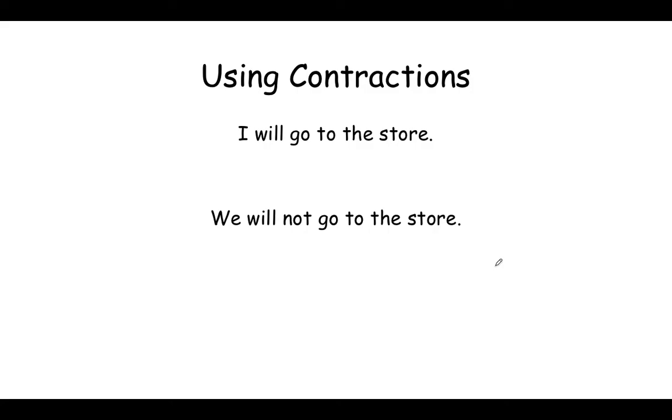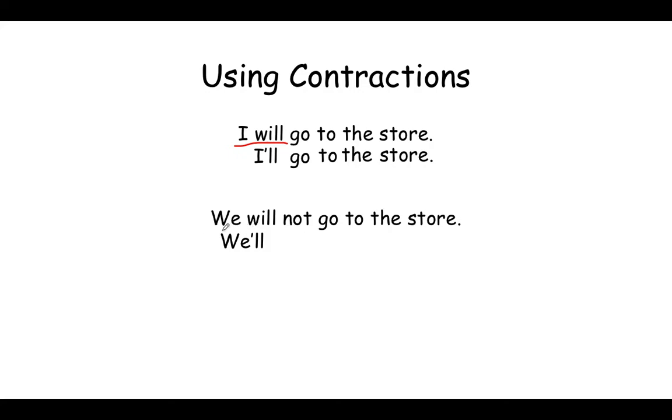So we're going to practice using contractions. I will go to the store. We can put I and will together to make I'll. I'll go to the store. This sentence and this sentence mean the same exact thing. We will not go to the store.